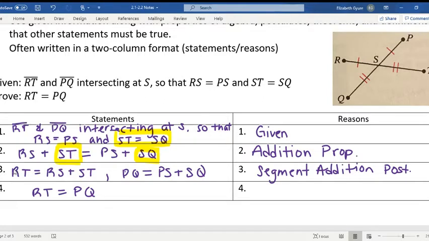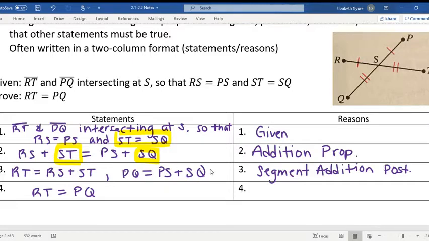Okay, so now how am I going to go from 3 to 4, right? If I know all this information above, then how is that going to help me say that the measure of RT equals the measure of PQ? Well, if you look up above at step 2, I know that the measure of RS plus the measure of ST equals the measure of PS plus the measure of SQ, right?